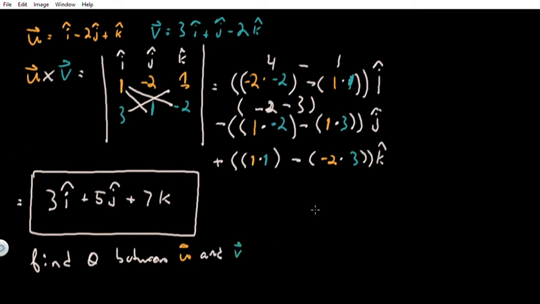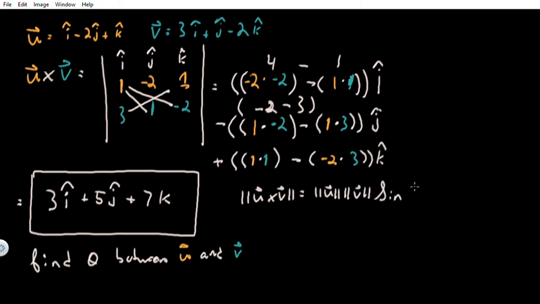Well, if you remember from the other definition of the cross product, I told you that the magnitude of u crossed with v would be the magnitude of u times the magnitude of v times the sine, not the cosine.